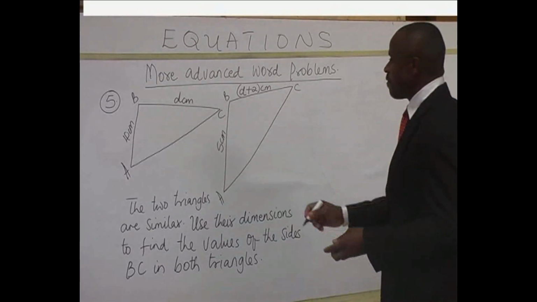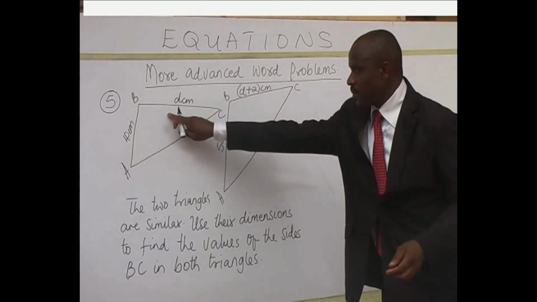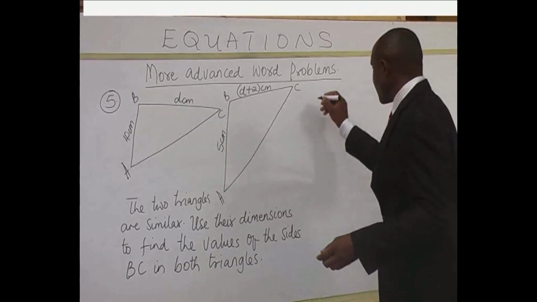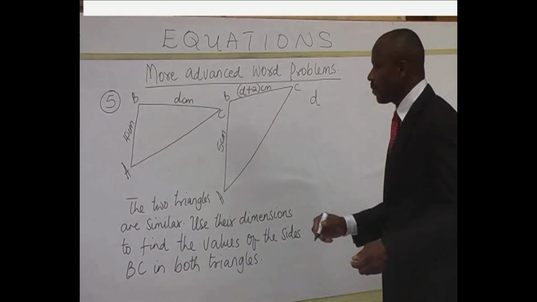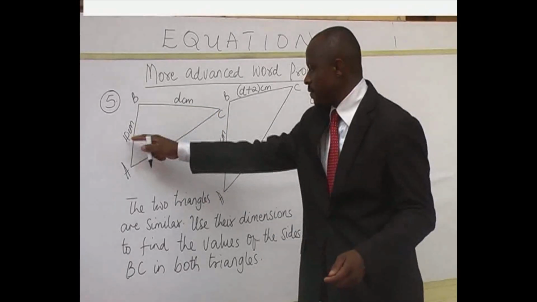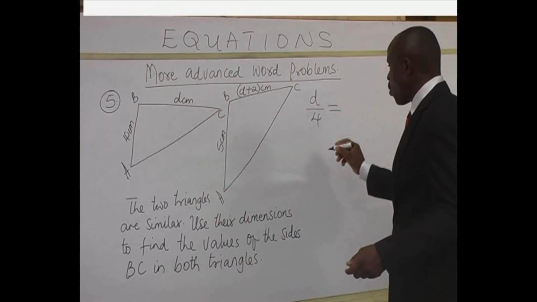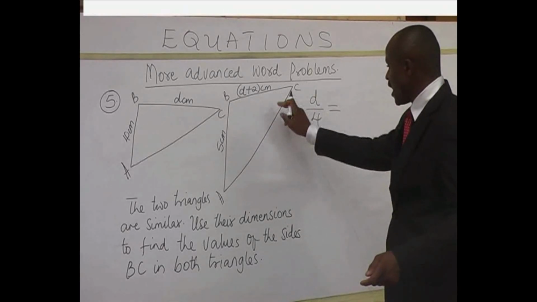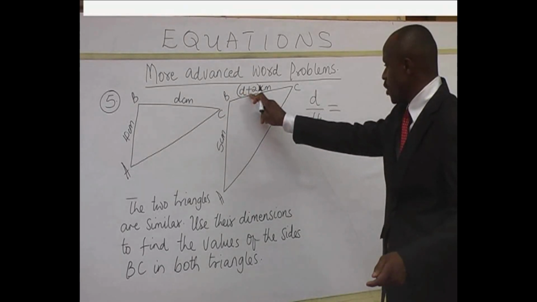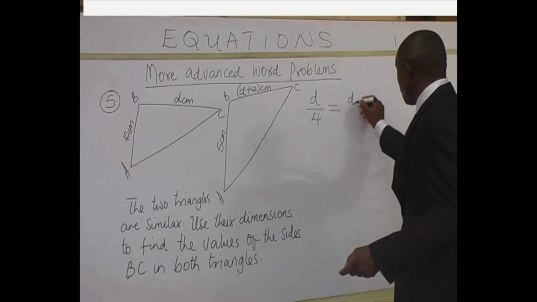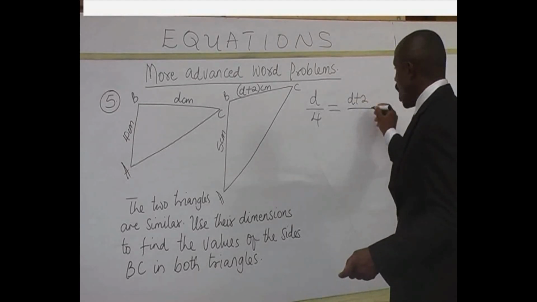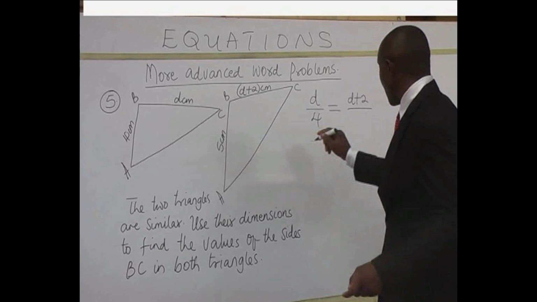That means in the first triangle, BC is D, so write D. AB is 4, so D divided by 4. It must be equal to the same BC in the second triangle, which is D plus 2, all over AB, which is 5.